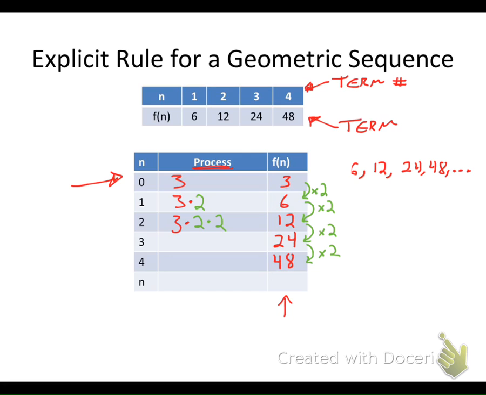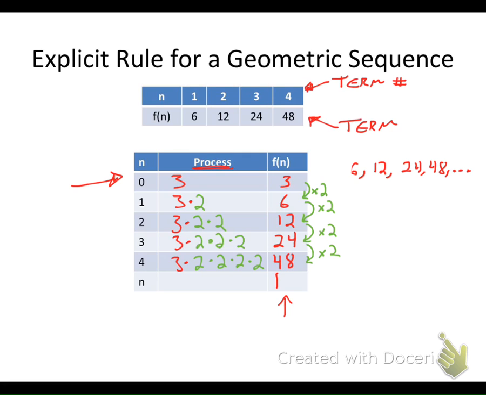So we start with a 3 and we multiply by 2 twice to get 12. And then to find that third term, that 24, we can take the value before it. So what I have shown here represents 12. And then we're going to multiply it by 2 one more time. And then you can probably see the pattern. If I keep multiplying by 2, in this case 4 times, that would give us a 48.